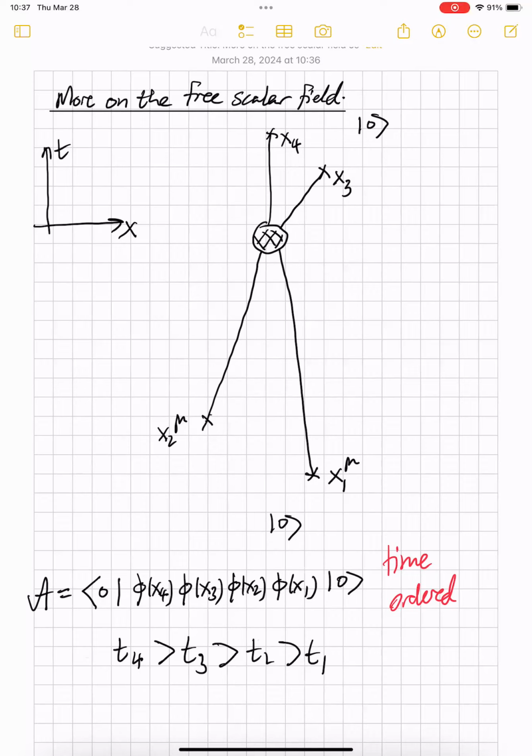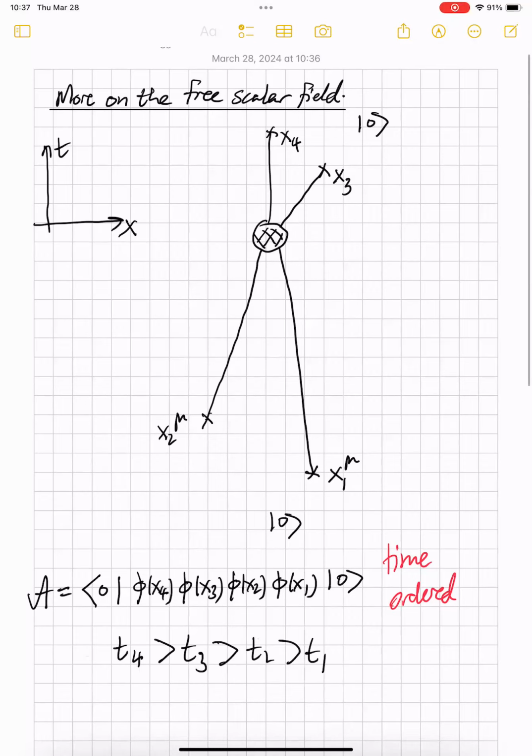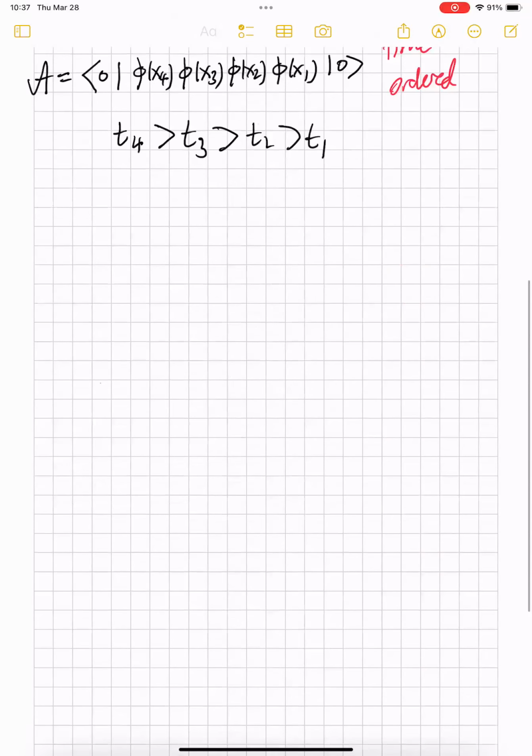So we're almost done. Just one more thing I want to ask about time ordering. And what I want to ask is, is time ordering well defined? And here, specifically, I'm worried about Lorentz invariance. So we want to build a theory that is Lorentz invariant.